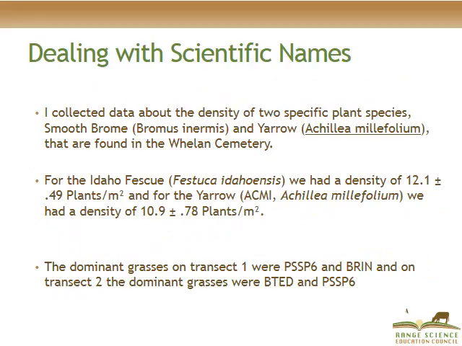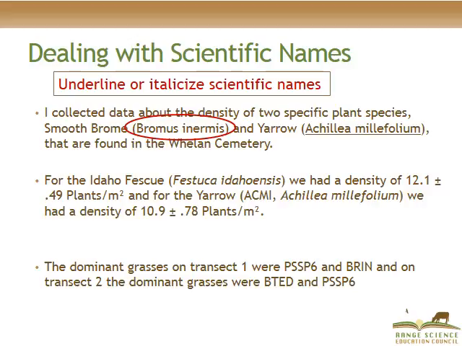Another small point when you are developing your reports for this class, the assignment sheets, remember to be careful with how you use scientific names. Here's some ideas and tips. Every scientific name of a plant should be underlined or italicized.